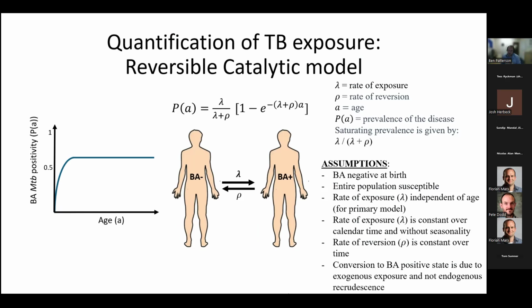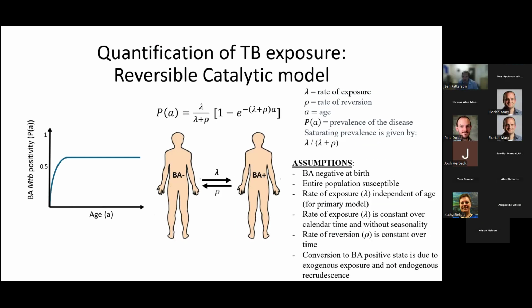So the assumptions that we're working on are that people are all varicella negative at birth. So we're really trying to make this a nice, simple model. The entire population is susceptible, and we have a rate of exposure that, at least for the primary model, is independent of age, and we're not looking at any changes over calendar time, and no component of seasonality.